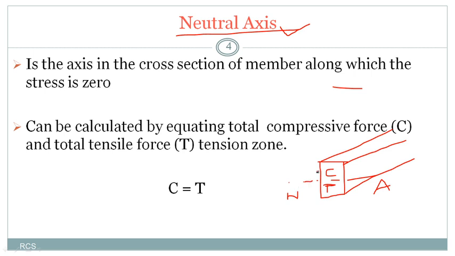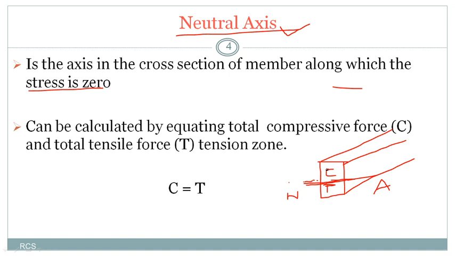Above the neutral axis we call it the compression zone, below the neutral axis the tension zone. So what is the definition of the neutral axis? It is the axis in the cross section of a member along which stress is zero. So along this axis your bending stresses are zero. That axis is called the neutral axis.